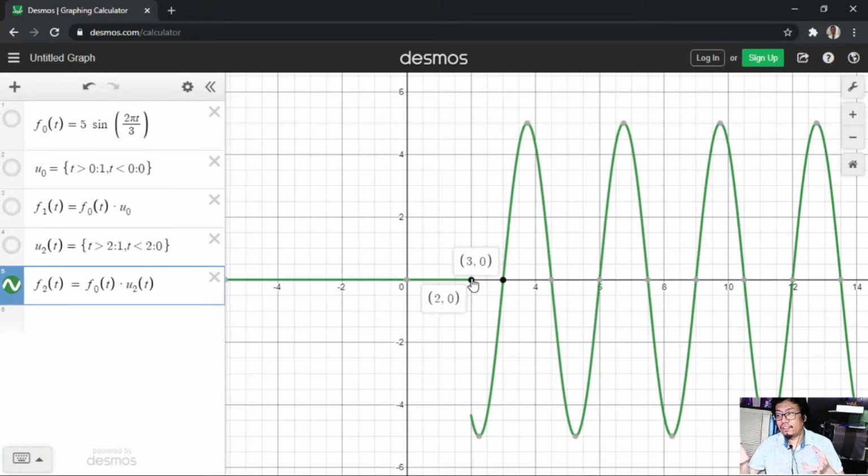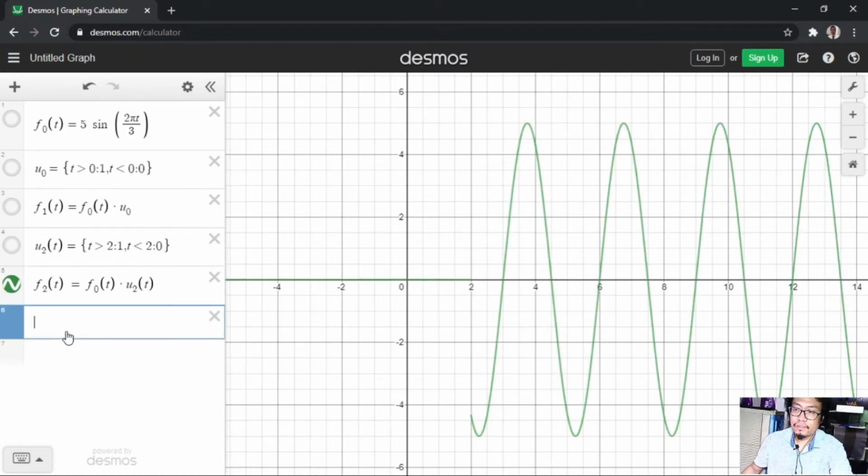The entire thing, your f of t, is delayed by 2 seconds. We can do that by multiplying f0 of t. So we start with, let's have f3 of t.